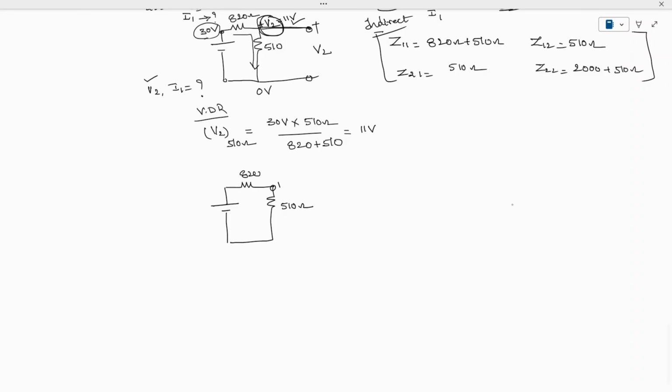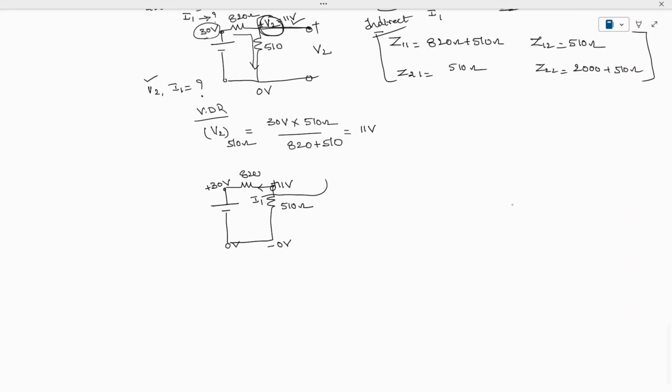So here it is 11 volts at the positive terminal and 0 volts at the negative terminal, and here it is 30 volts and here 0 volts. We need to find the current I1. Let's mark this current as I1. Generally it will flow in this direction, and let's change it after doing the calculation.